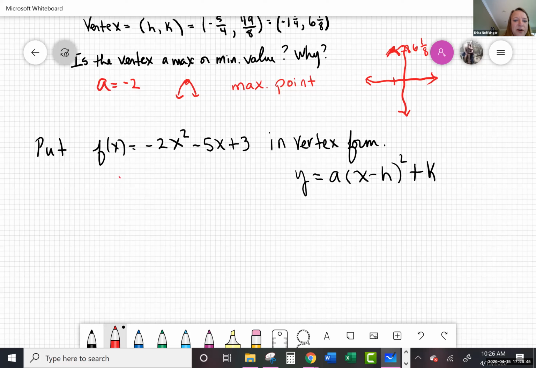We can say in our equation, a is equal to -2. We also know what h is. We found it above. We saw that h was -5/4. We also know what k is because we found it, and I'm going to leave it in proper fraction form, so 49/8.